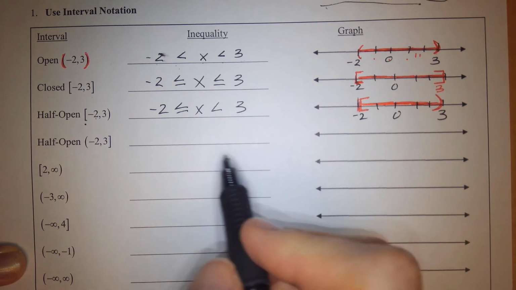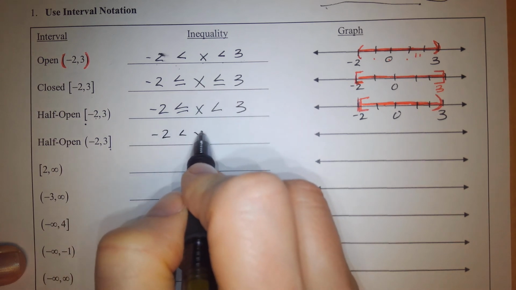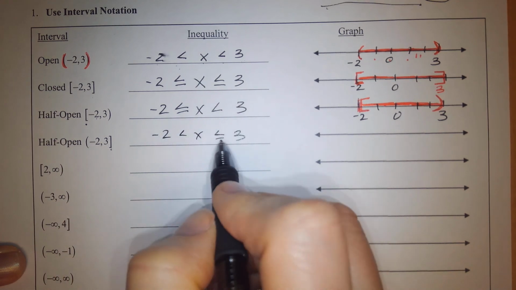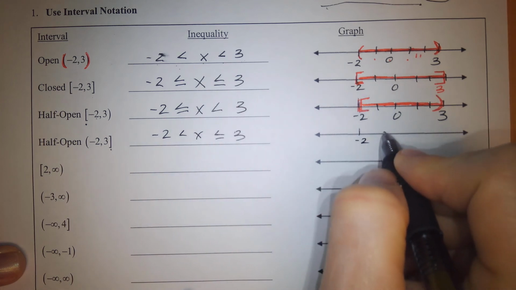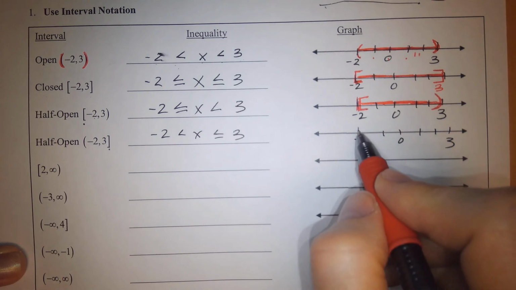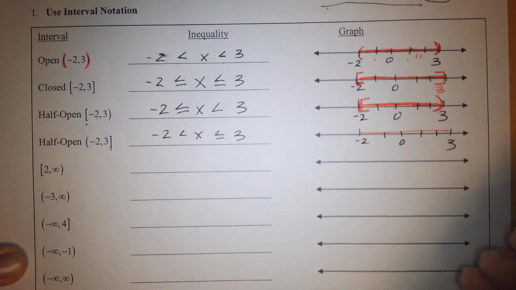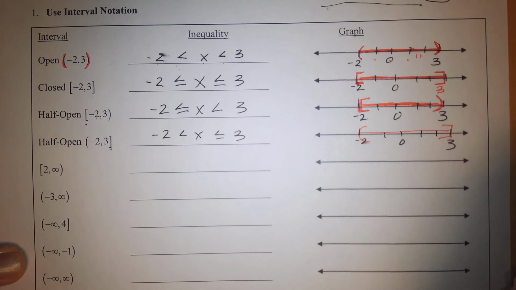Doing the same thing for the next one. This time 3 is included, but -2 is not. So we would shade the area in between. -2 is not included, but 3 is.